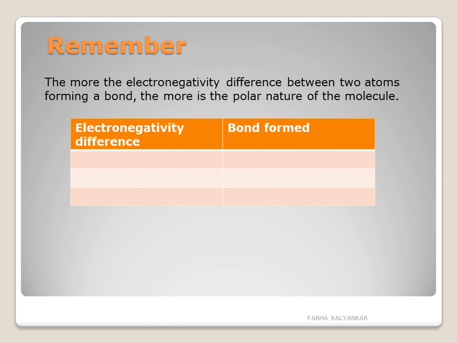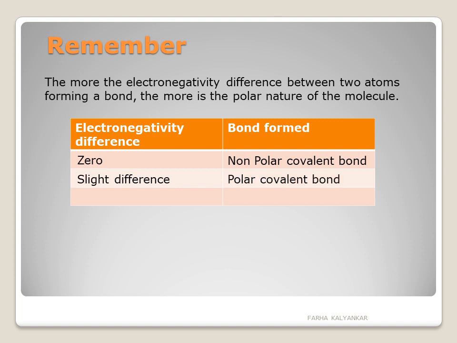If the electronegativity difference is zero, then the bond formed is a nonpolar covalent bond. If there is a slight difference in the electronegativity of the two combining atoms, then the bond formed is a polar covalent bond.